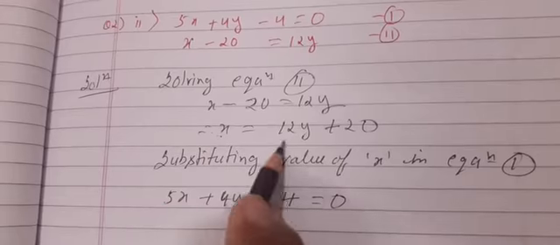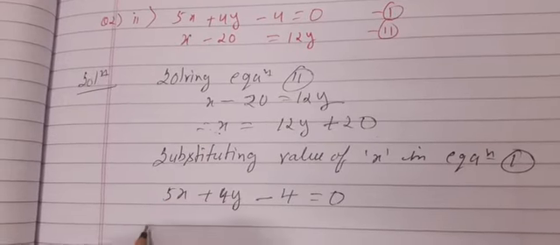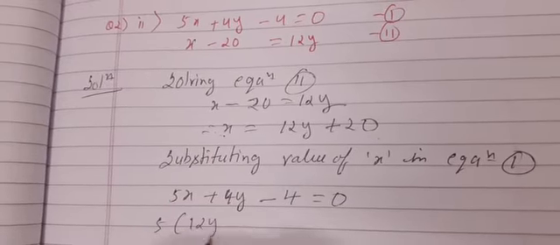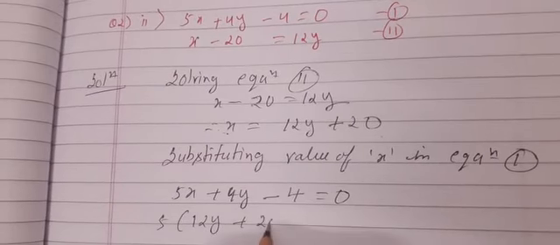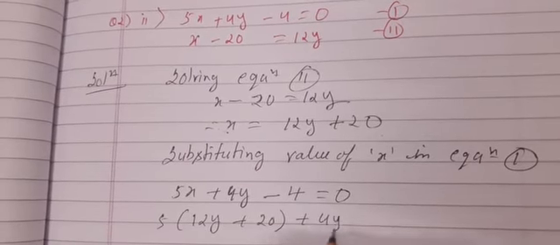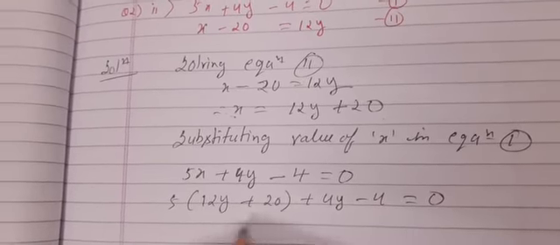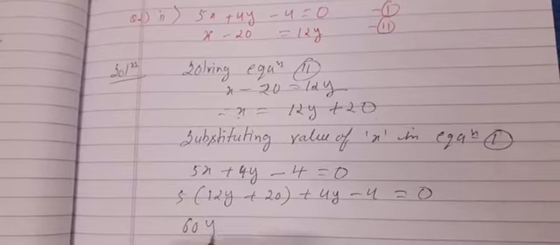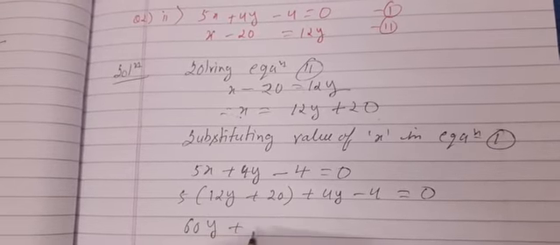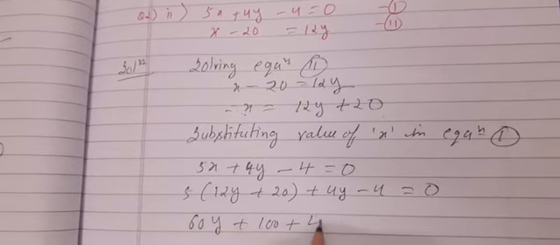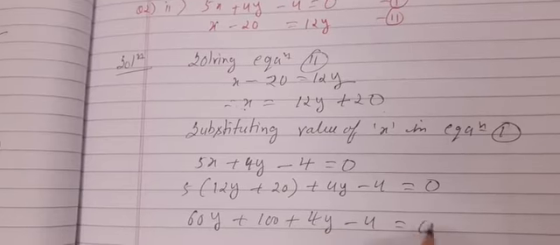So in place of x we are going to write this. So it is 5 into (12y plus 20) within bracket plus 4y minus 4 is equal to 0. Now we are going to open the bracket. 5 times 12 is 60y, plus 5 times 20 is 100, plus 4y minus 4 is equal to 0.